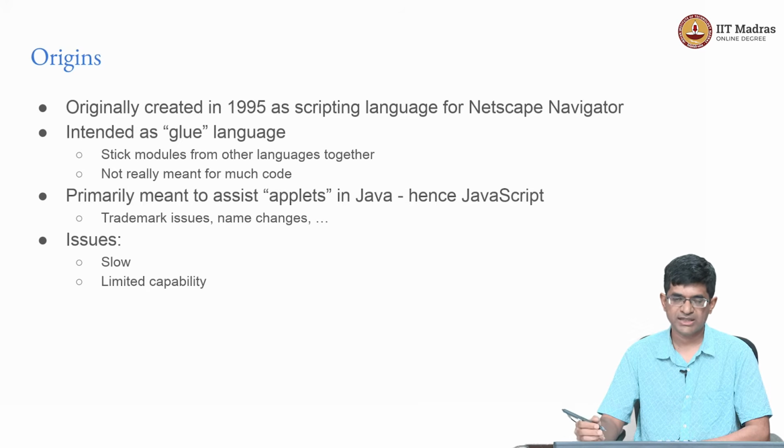The purpose of this language was primarily to be used as a glue language, meaning that there would be different kinds of Java applets or other systems being assembled together in a web page, and the primary purpose of this scripting language was to bind them together in ways that enhance their functionality. So it was not really designed too much for coding.